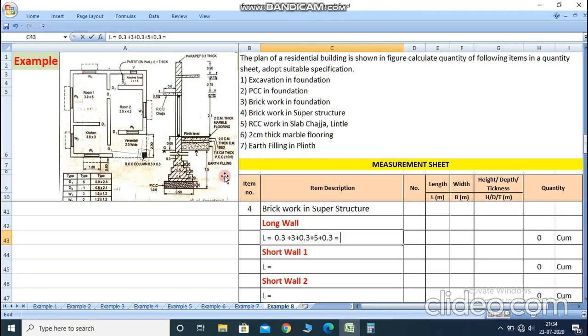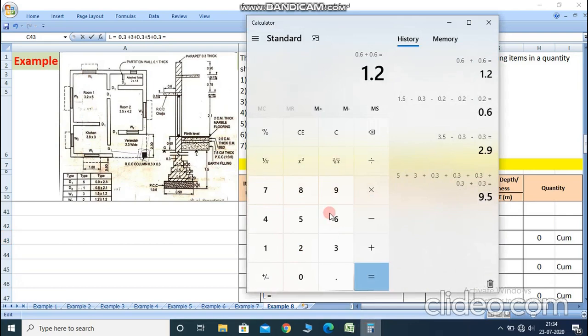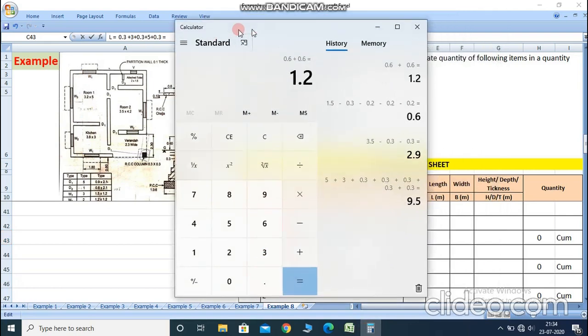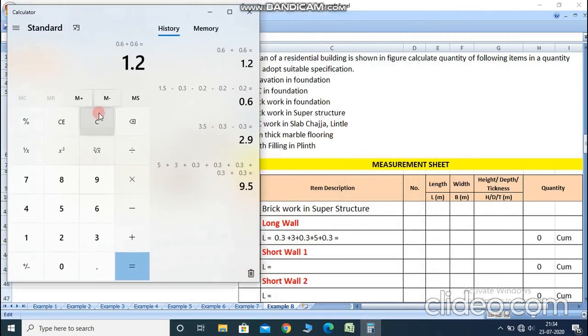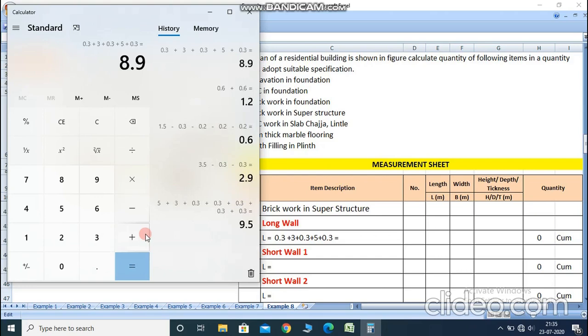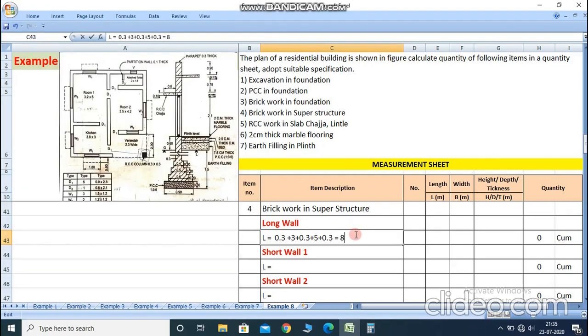So we got a total answer of 8.9 meter length of the long wall in the superstructure.